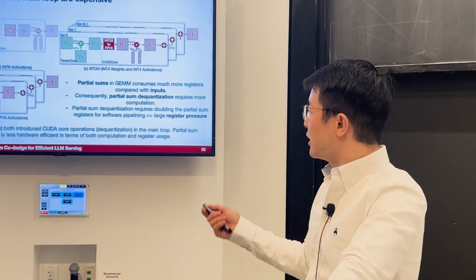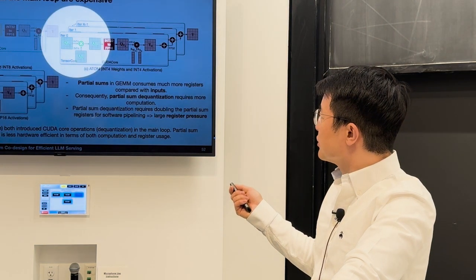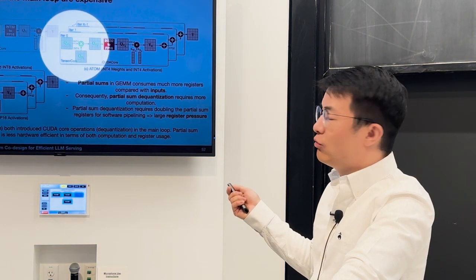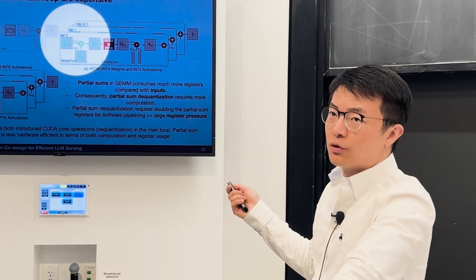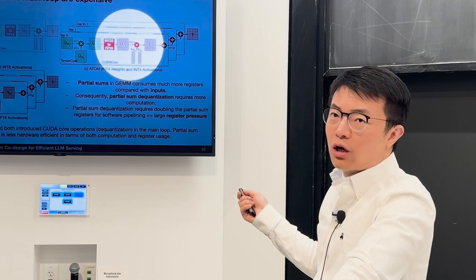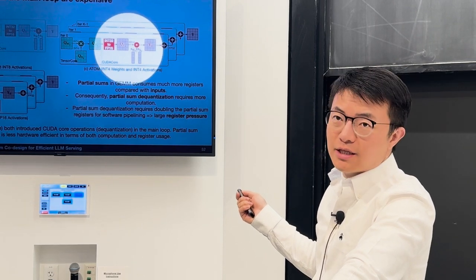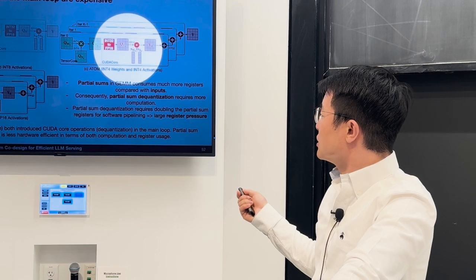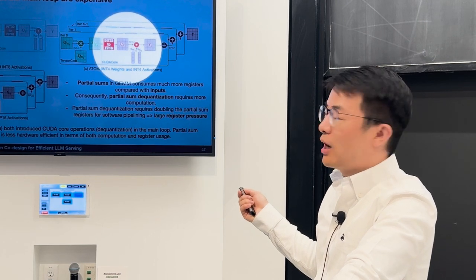And let's take a look at other alternatives, and why some work is not efficient. For example, Atom does the tensor core operations in int4, in green. But they have to do a lot of CUDA core operations in FP16 in the main loop. Particularly, it's doing the scaling of the partial sum.